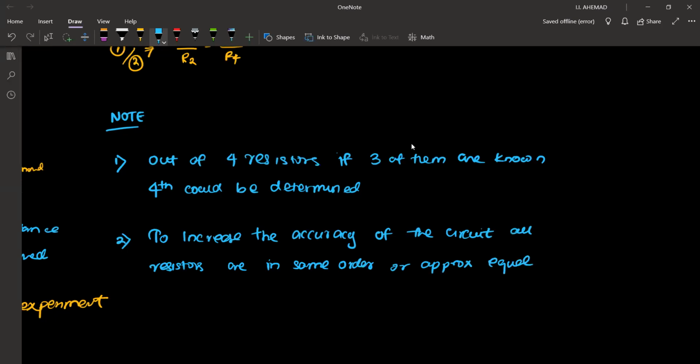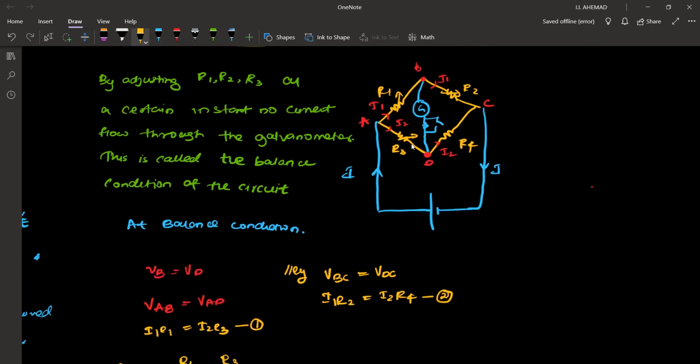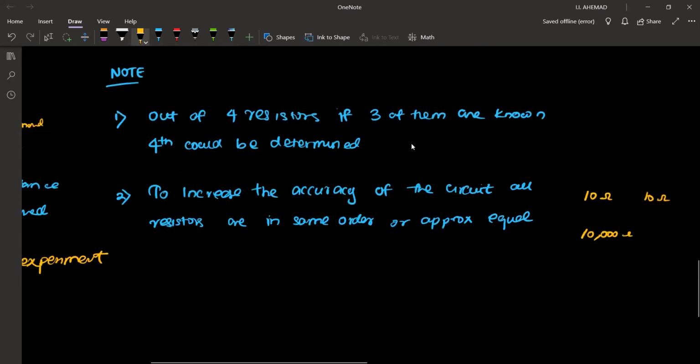So what do you understand by in the same order? For example, when we have 2 resistors of 10 ohm and the third resistor is 10,000 ohm, then they are not in the same order. In this case, getting the balance condition is really hard, and it may not be accurate. Okay, so that is the idea.